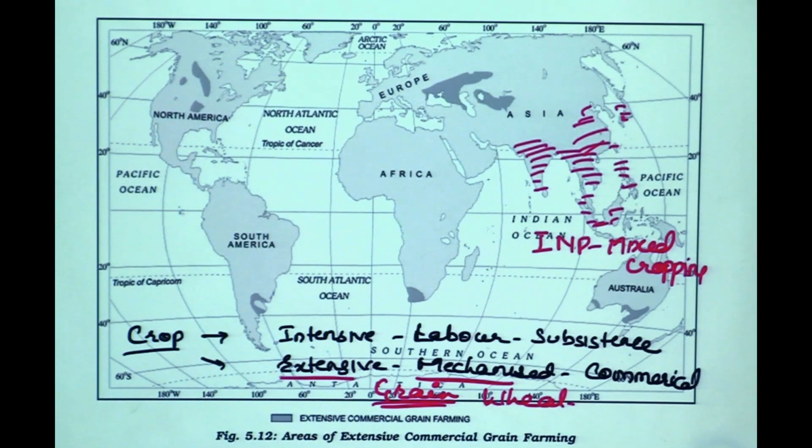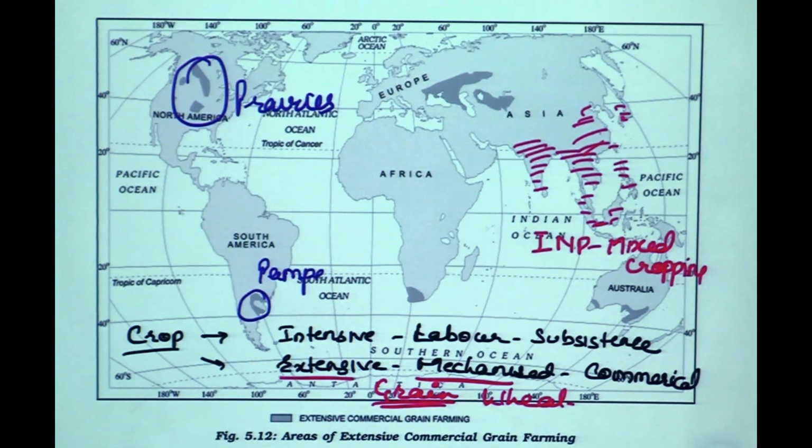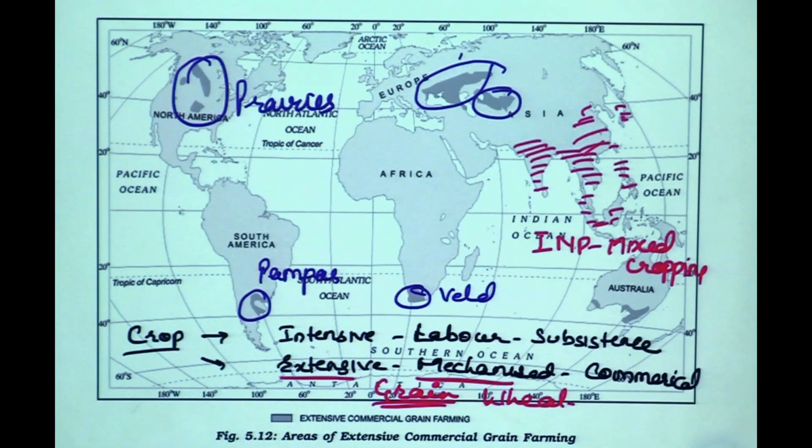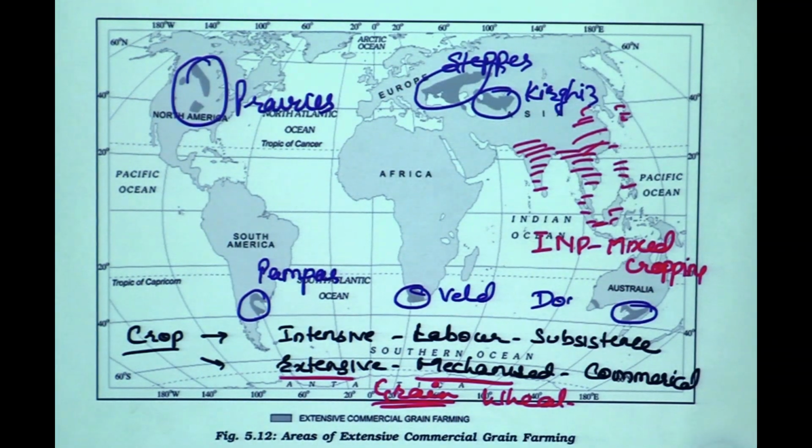So we are cultivating it in prairies of North America, pampas of Argentina, veld of South Africa, Eurasian steppes, Kyrgyz plains, downs of Australia.